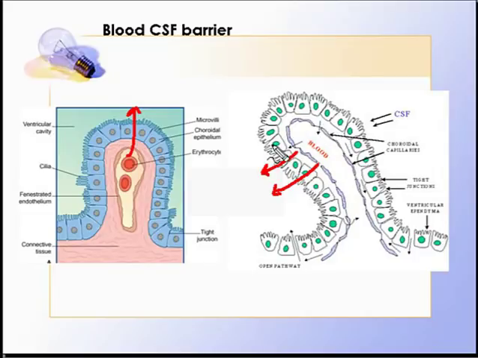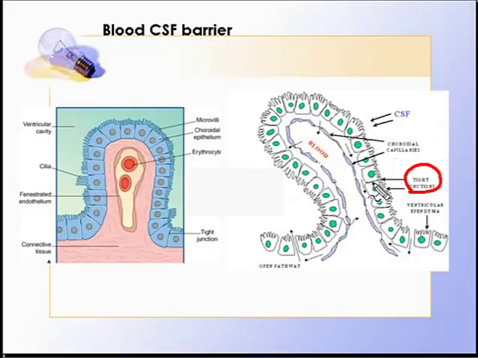So this is the ependymal cells with their basement membrane. These ependymal cells are also known as choroidal epithelial cells. Now these choroidal epithelial cells have tight junctions. So if you look here, you can see these tight junctions present between these choroidal epithelial cells.